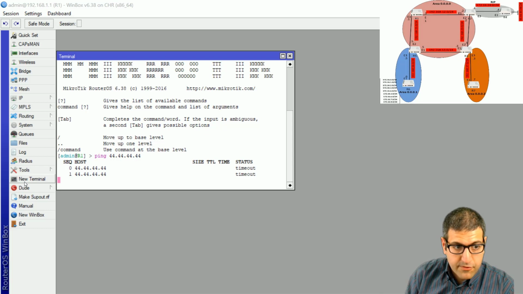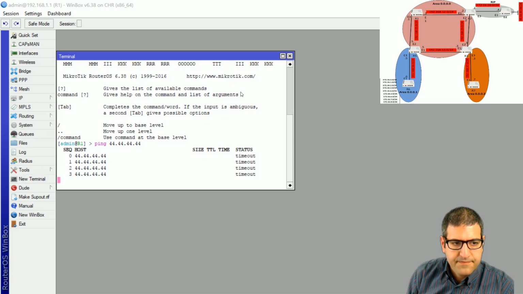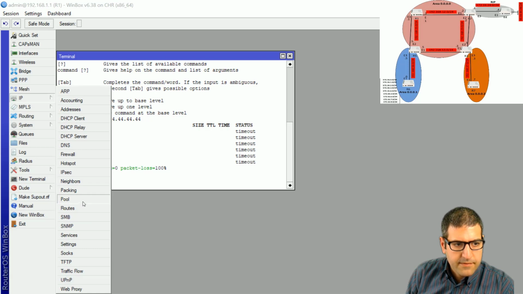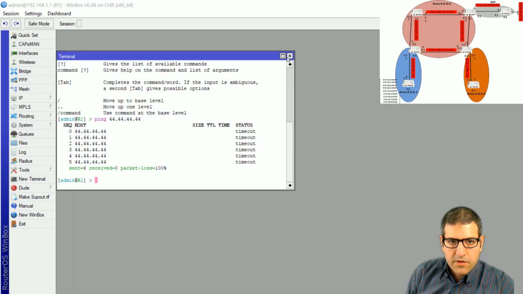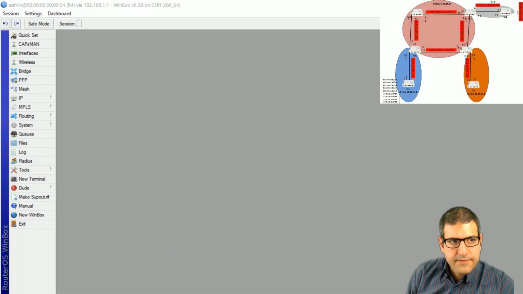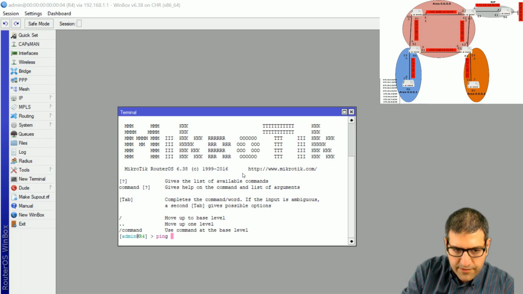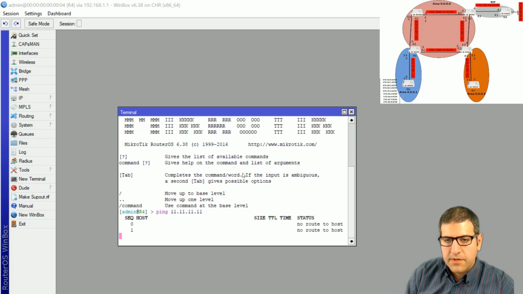We can see we have a request timeout, but if we look at the routing table, we see it is listed here. Also we go to router 4, where they ask us to do the same. We ping the bridge interface of router 1, so 11.11.11.11, and also there is no route.